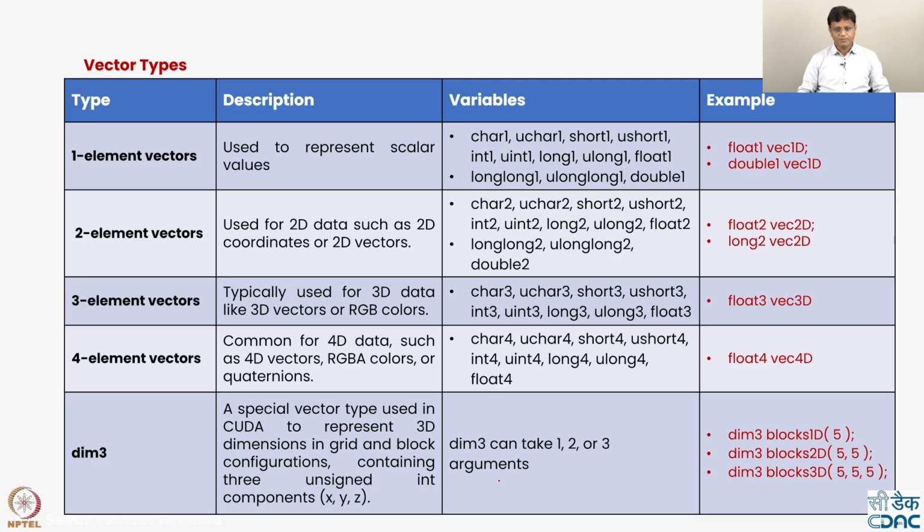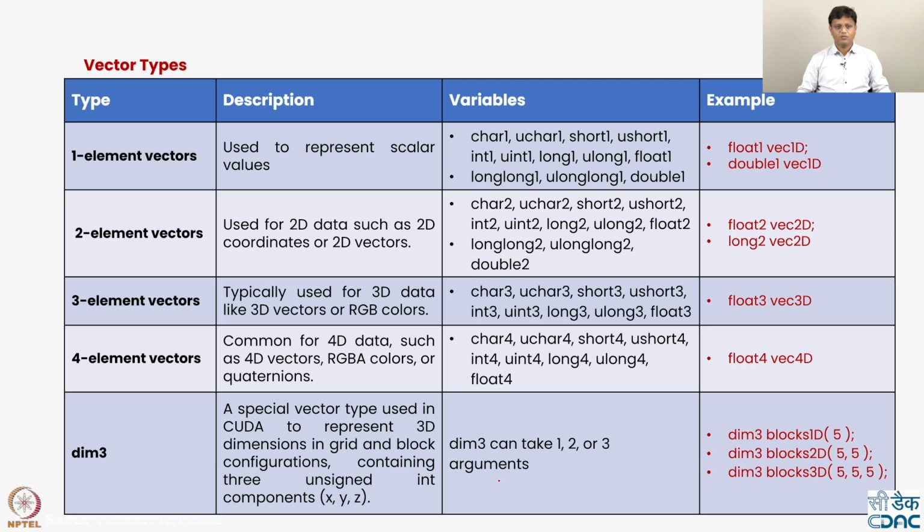Next is vector types. The CUDA programming model supports several vector types, and they are very powerful, because they help to keep real life variables together.